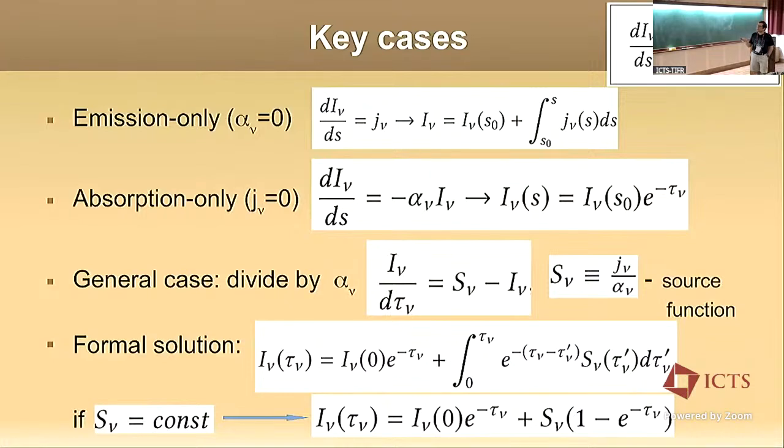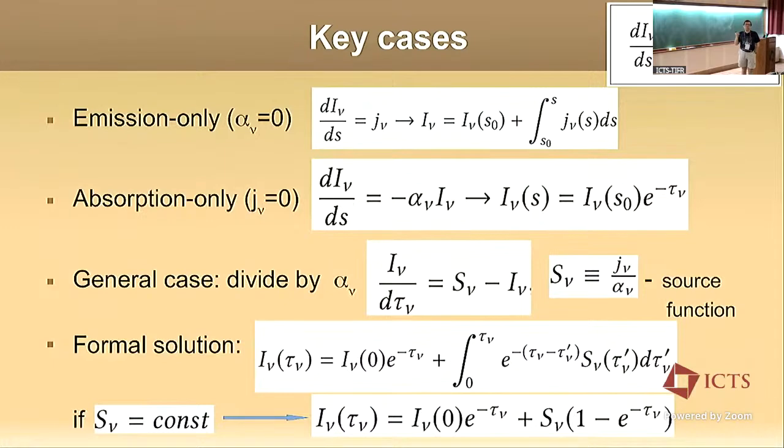And this is equal to j divided by alpha, which is usually called S and named the source function, minus I, because you cancel the alpha there. Then there is a formal solution of this kind of equation, which is slightly more complicated than the previous one, but you can solve it if you remember your calculus.